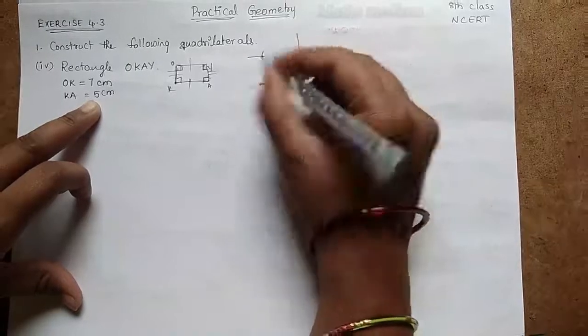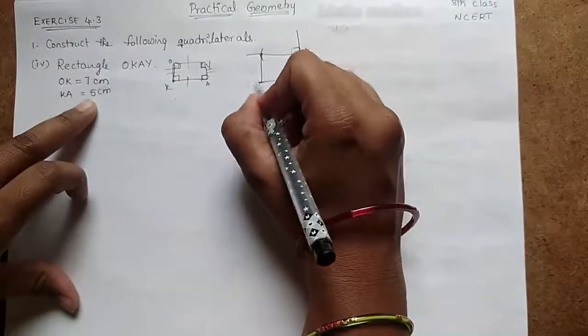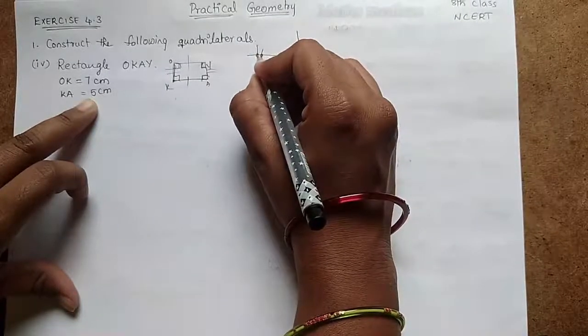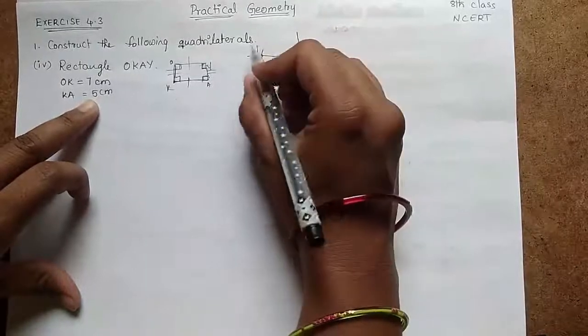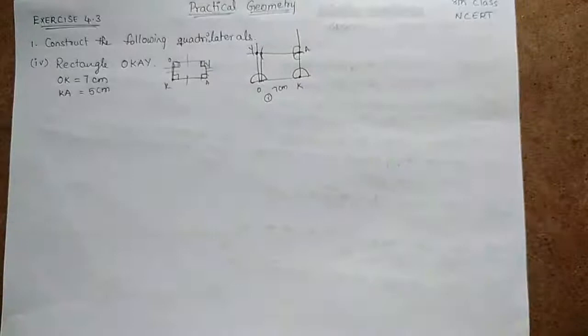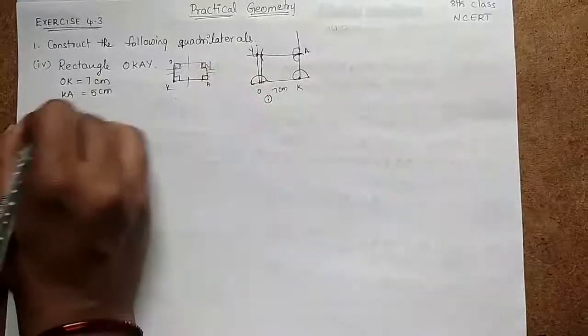Here we get a point, then join these 2 points. Or else, another way to construct: put a protractor here, make 90 degrees, then we have a meeting point at this, so we get point Y. Here we have 2 ways, but I am using angles. So let's start the step by step procedure.